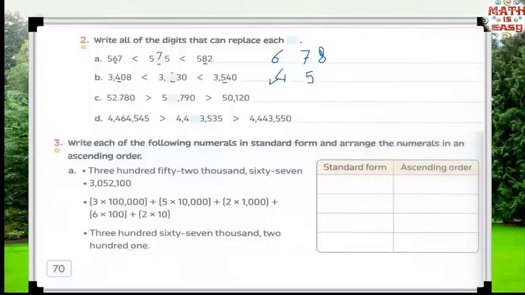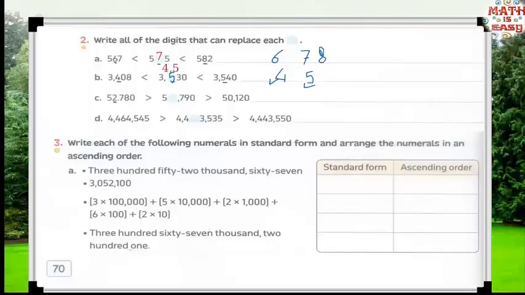If we put 5 in this place, 530 is less than 540: 5 equals 5, but 30 is less than 40. That means 5 is right. In the next step, compare this number with the first number. 530 is more than 408, yes. So 5 is the right answer. You should write here 5 or 4.